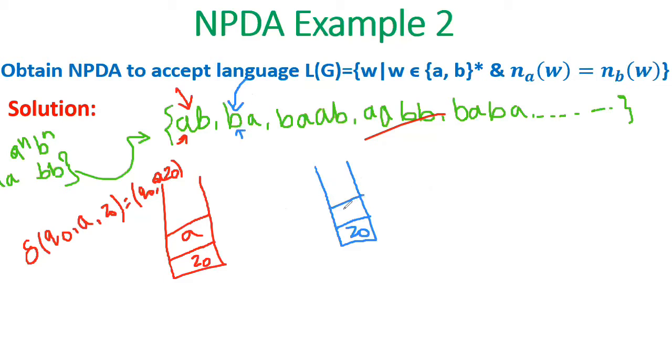So B has to push onto the stack, right? So what is its equivalent transition? You are in state Q0, the symbol is B and the top of the stack is Z0. What you need to do? You have to push that symbol onto the stack, that is Q0, B Z0.